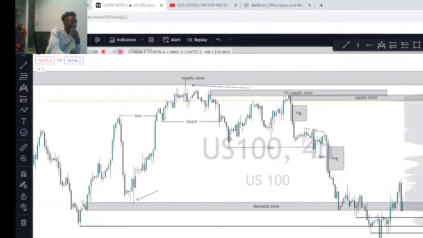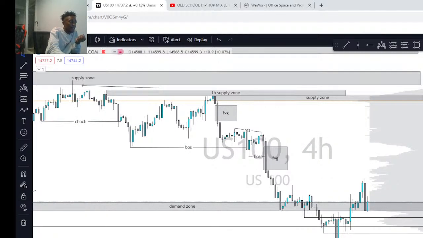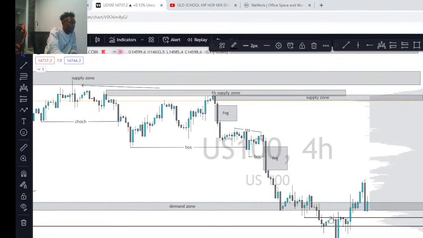We just experienced a change of character. So with Nasdaq, the only thing that I can give you is the entry. And why are we expecting those buys? We can see that Nasdaq gave us a new low, right? After giving us a new low, Nasdaq created a pattern.